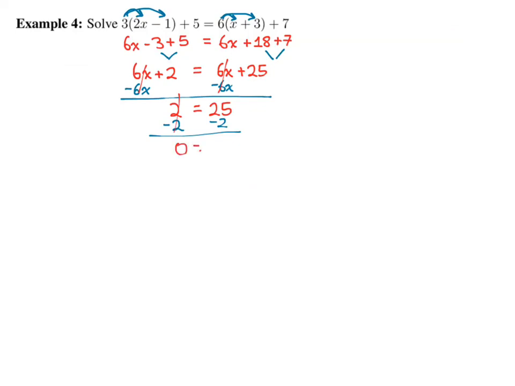You get 0 is 23. 0 isn't 23. No. No solution. If the variables go away entirely, but the statement is not true, like 0 equals 23, or above it, 2 equals 25, you can say, nope, no solution.